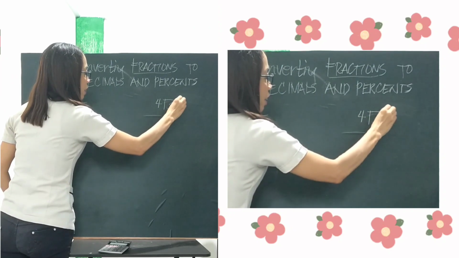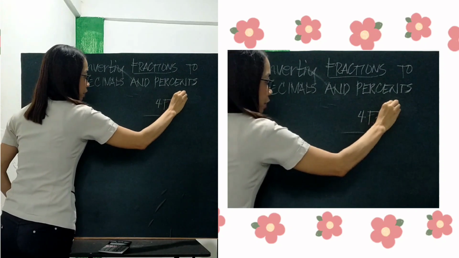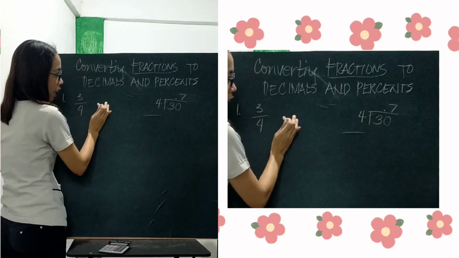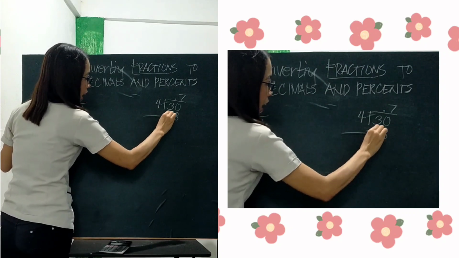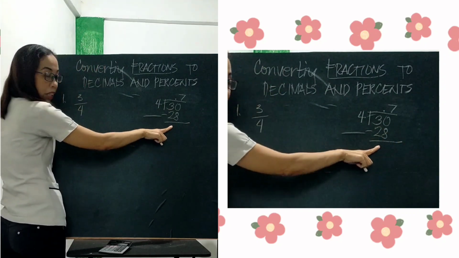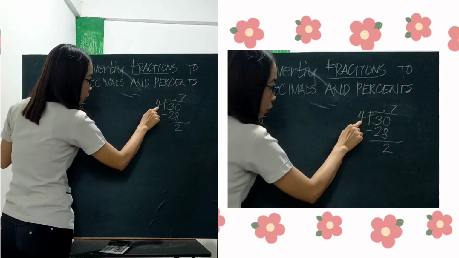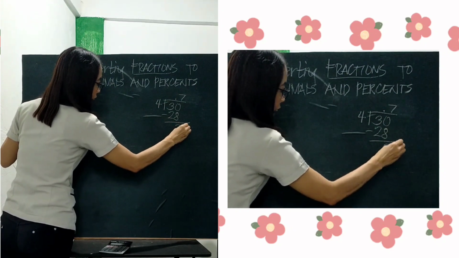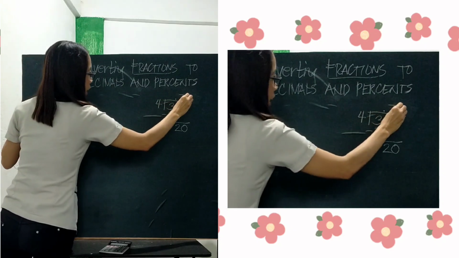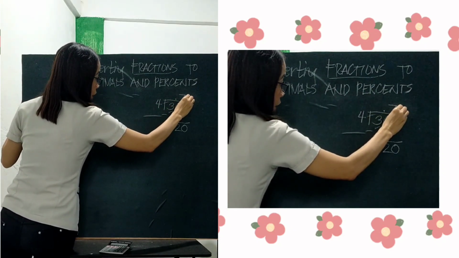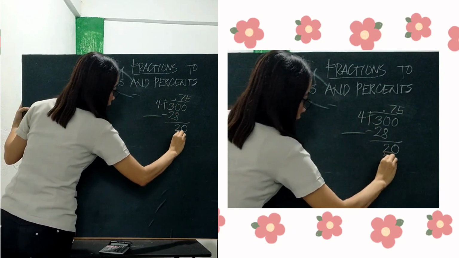Let's have 30 divided by 4 is equal to 7. 7 times 4 is 28. 30 minus 28 is 2. 2 divided by 4 cannot be, so we add 0 again. 20 divided by 4 is equal to 5. 5 times 4 is 20.